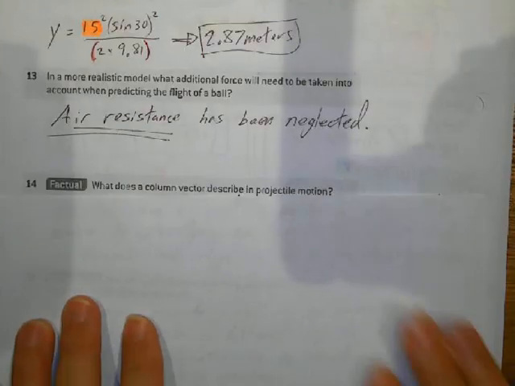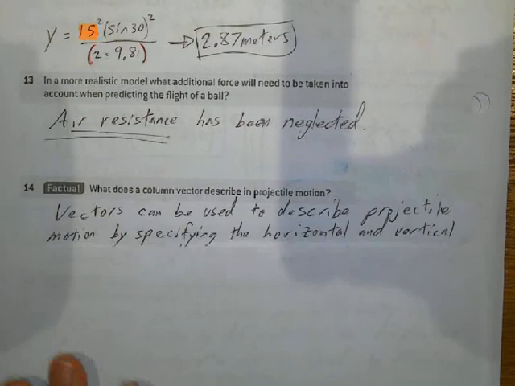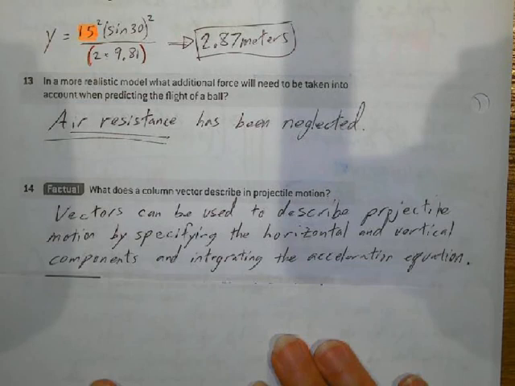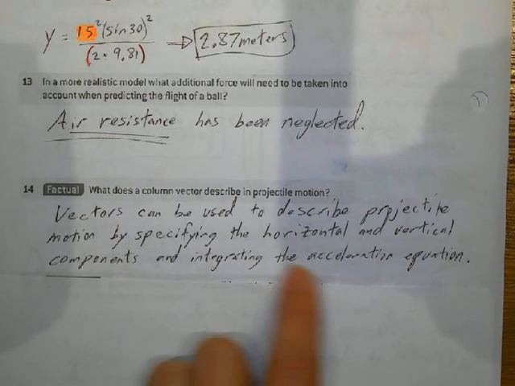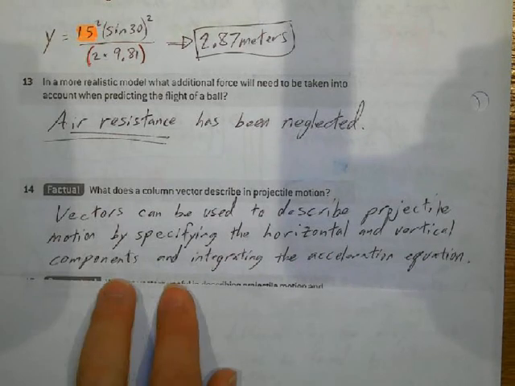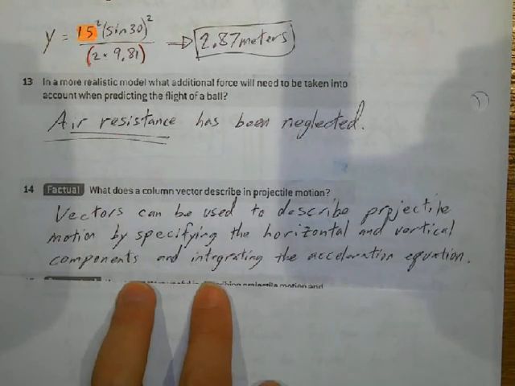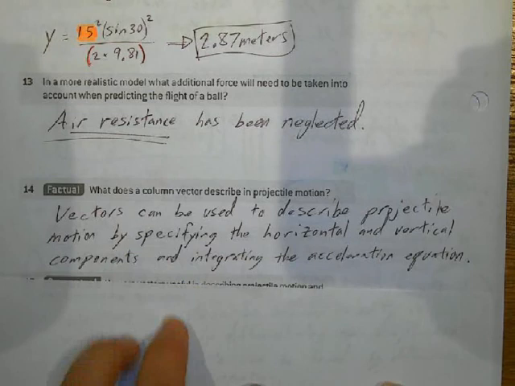Okay, so factual. What does a column vector describe in a projectile motion? Okay, so vectors can be used to describe projectile motion, the horizontal distance, and the vertical component. That's why we're using the column vector, to distinguish the left and right motion and the up and down motion.